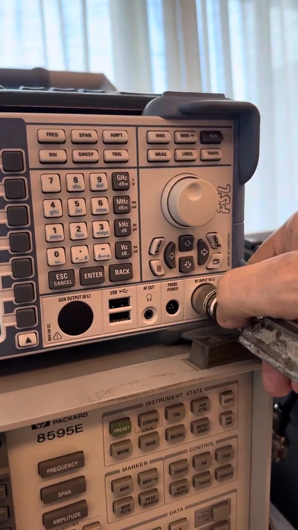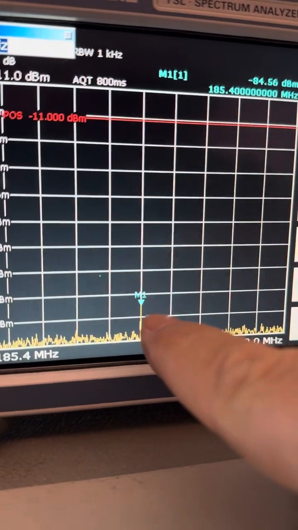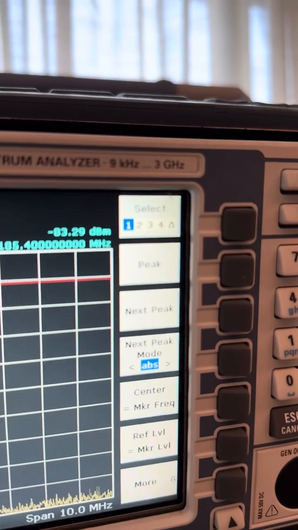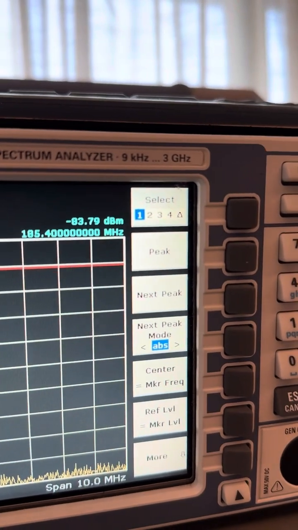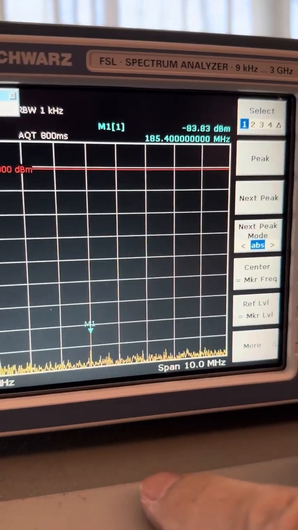It has more dynamic range, and I see it's below 80 dB. Minus 83. This is the real value of this harmonic.